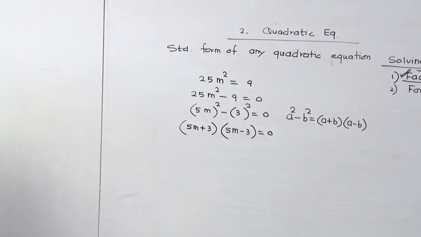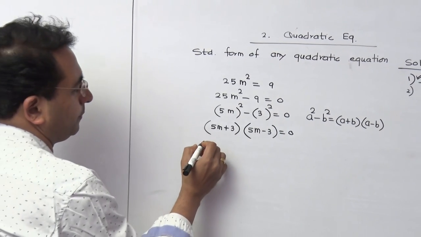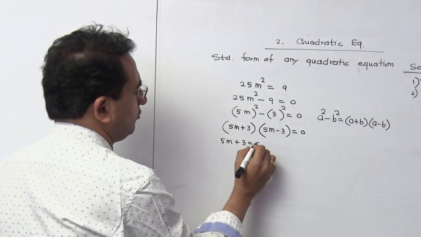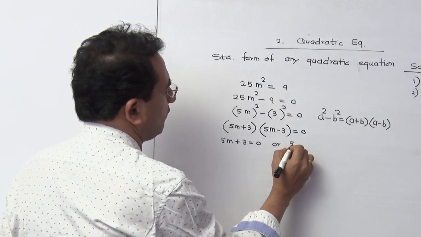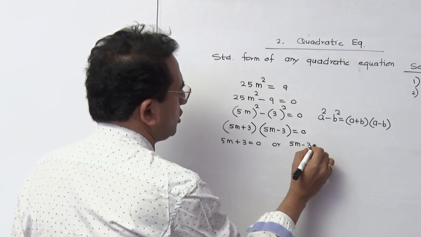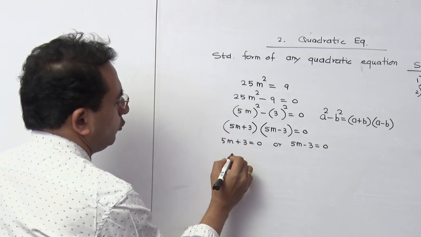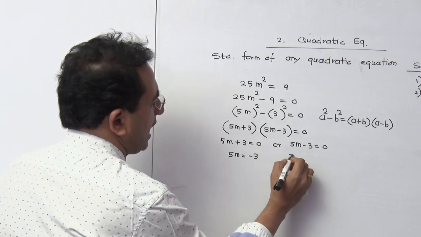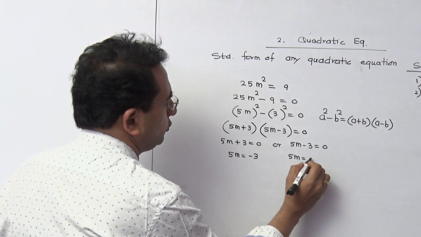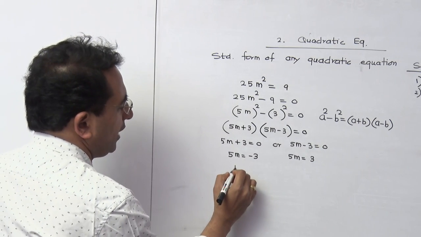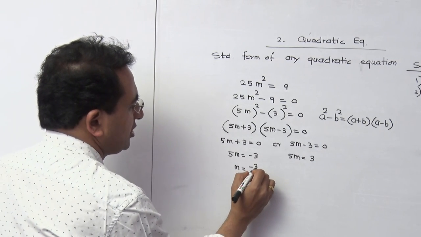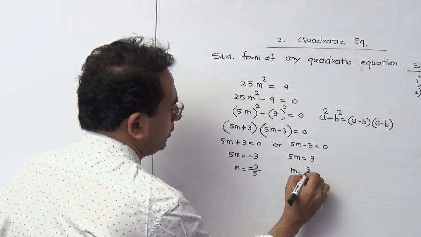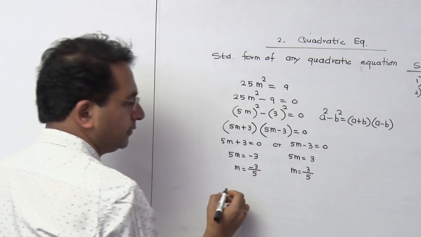And now it is as per the earlier question. Either 5m plus 3 is equal to 0 or 5m minus 3 is equal to 0. So 5m is equal to minus 3 and 5m is equal to 3. So m is equal to minus 3 by 5 and m is equal to what? 3 by 5.